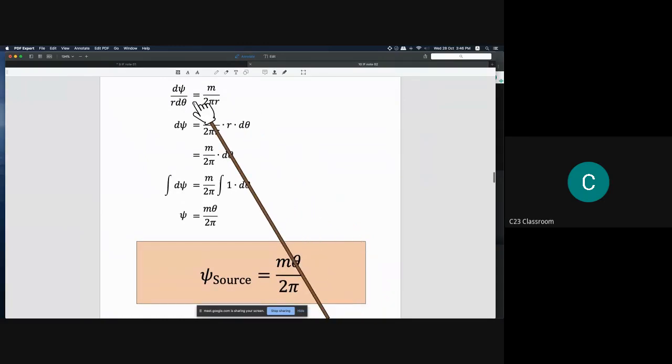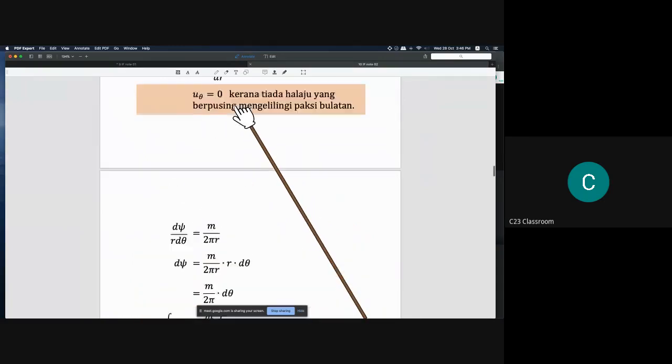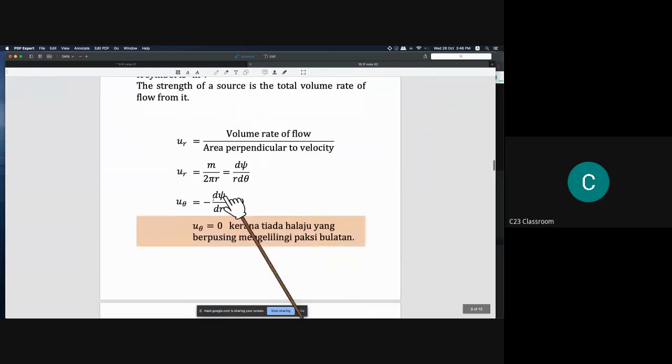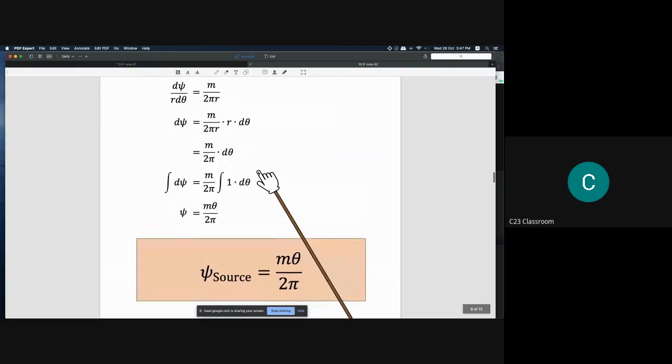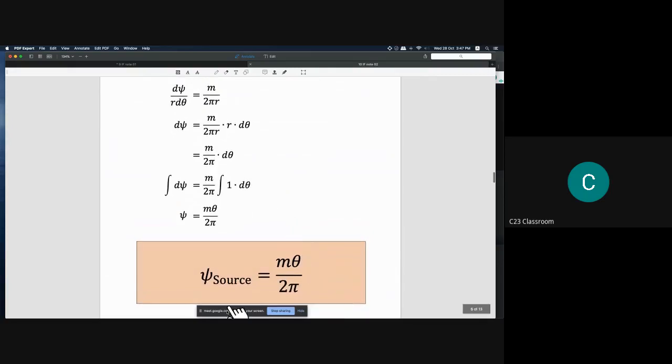From this equation, we know that ur is equal to m over 2 pi r, and from the Cauchy-Riemann equation we know that ur equals d psi over r d theta. We take this term and solve it, because our purpose is to get psi for the source.